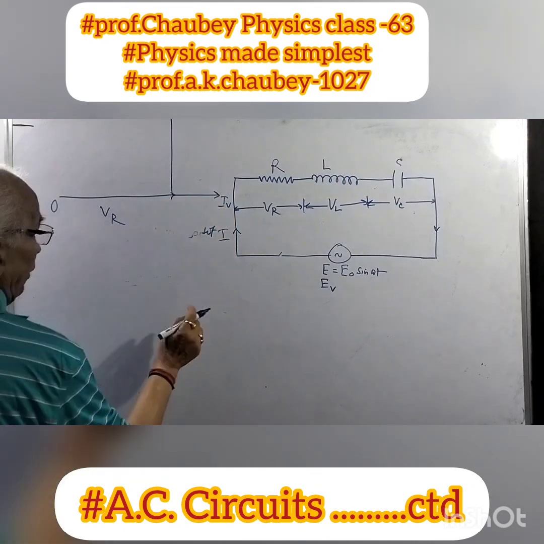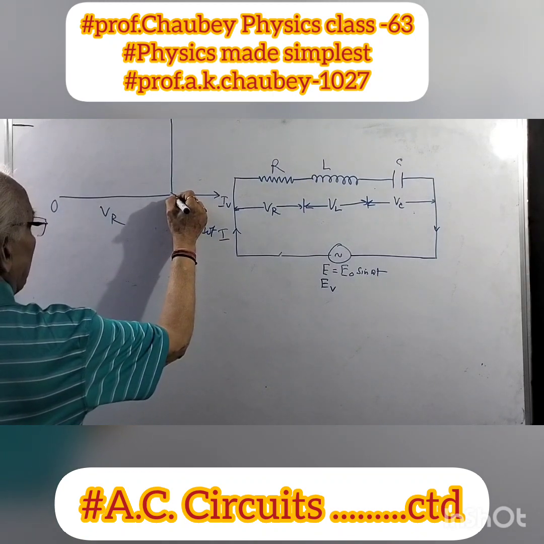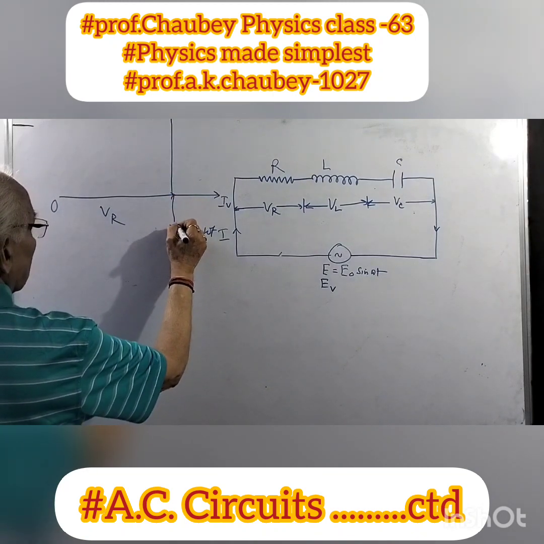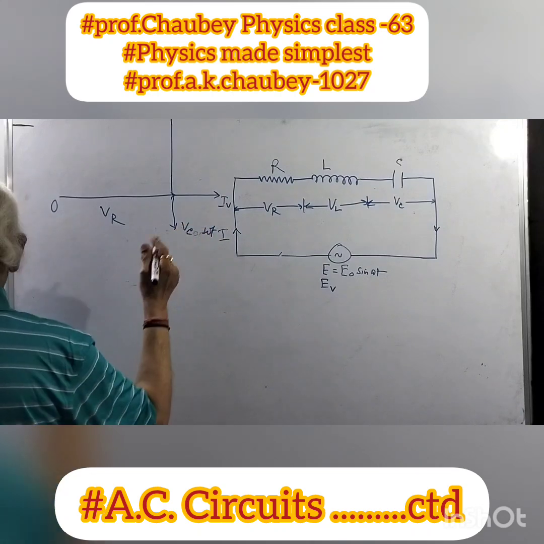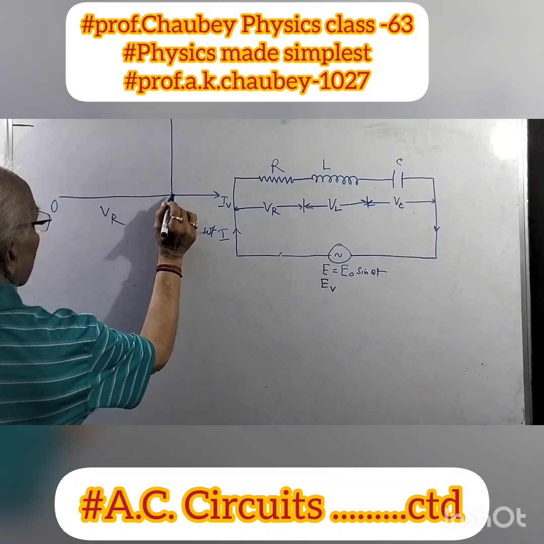VC is down by pi by 2, that is 90 degrees. So this represents down, so that is VC, this is the VC value.